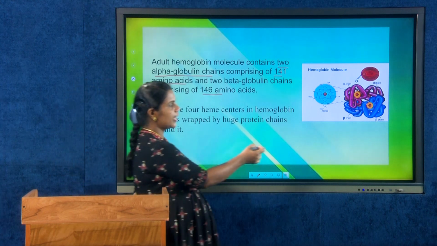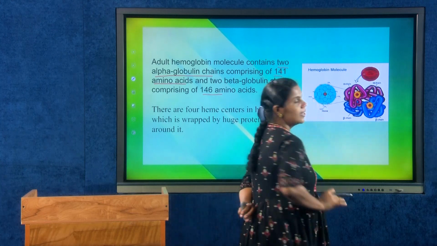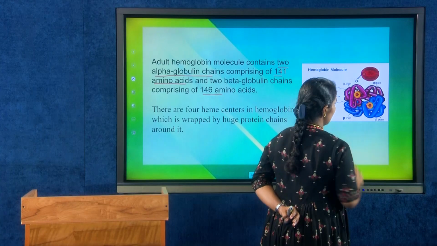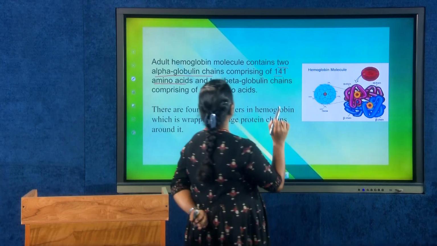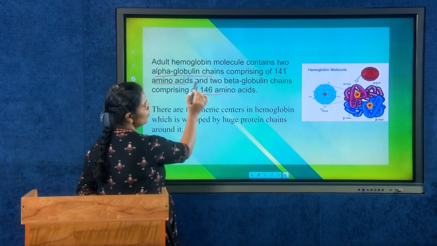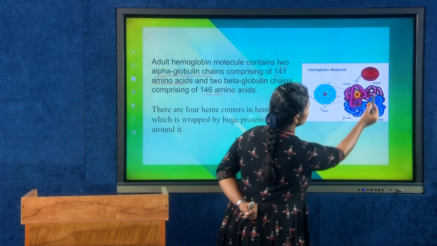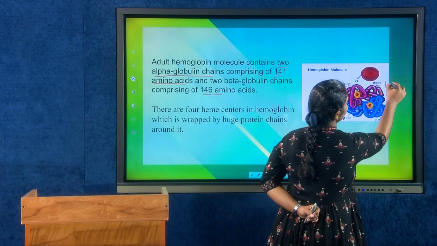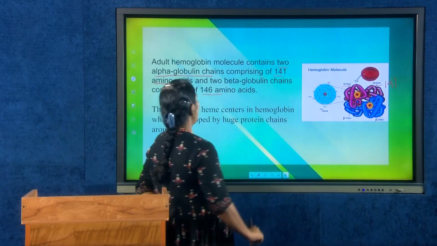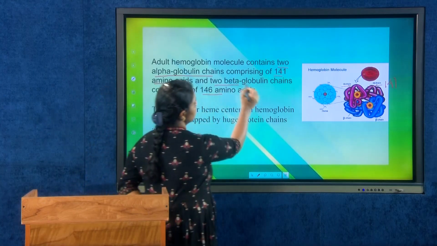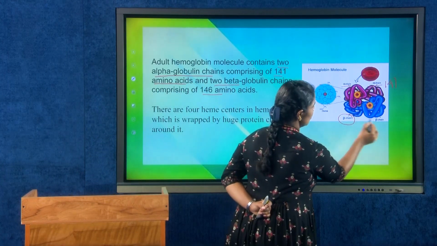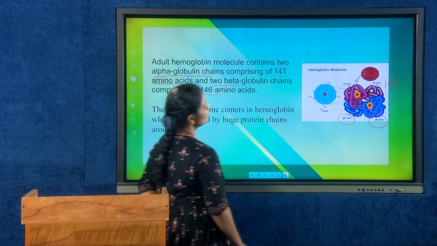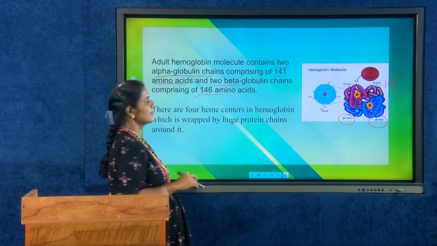That is, it is a tetramer with 4 units: 2 alpha chains and 2 beta chains. The 2 alpha chains consist of about 141 amino acids, and the 2 beta chains consist of about 146 amino acids.